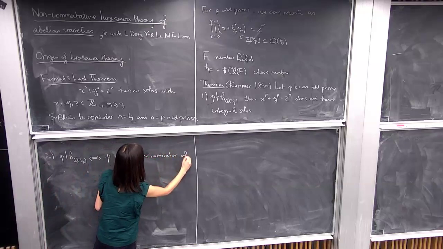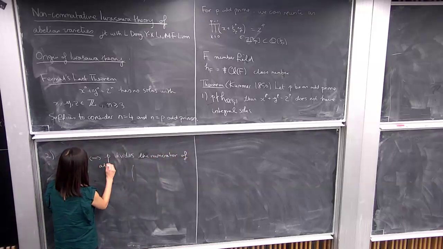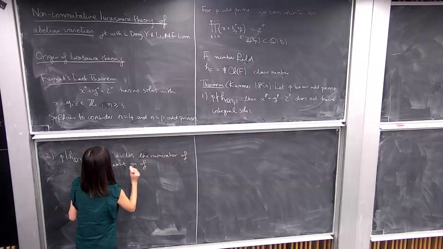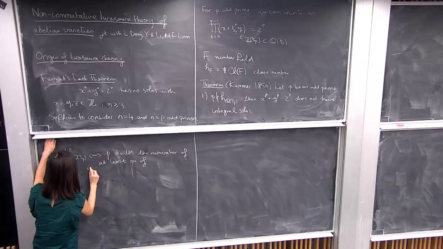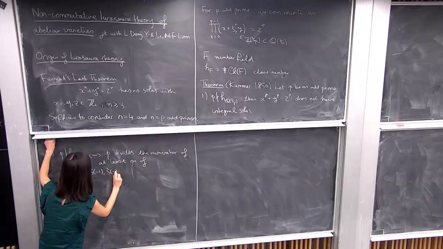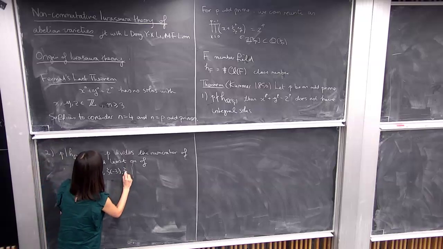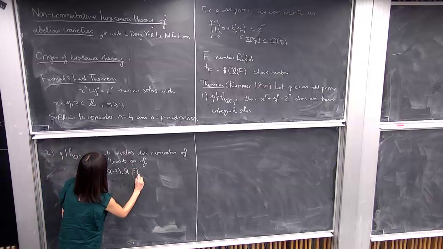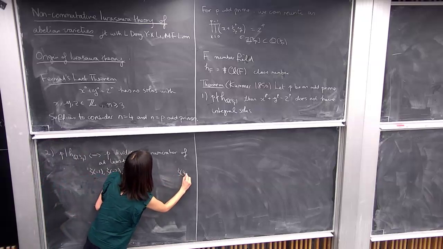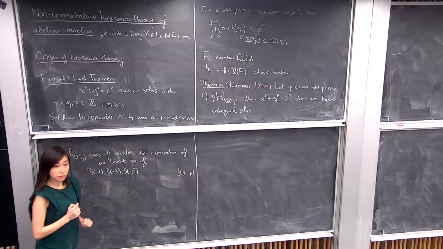Numerator of at least one of zeta(-1), zeta(-3), zeta(-5), up to zeta(-(p-2)), where zeta is the Riemann zeta function.